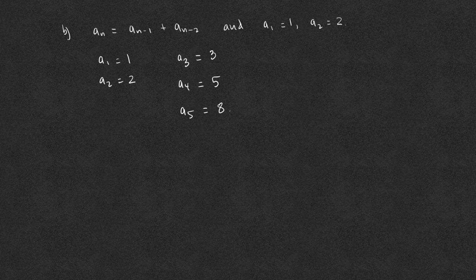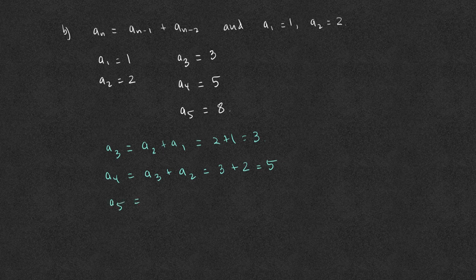Or we can just evaluate like we did earlier. A sub 3 is a sub 2 plus a sub 1, which is 2 plus 1. That's how we got 3. A sub 4 is a sub 3 plus a sub 2, which is 3 plus 2. That's how we get 5.